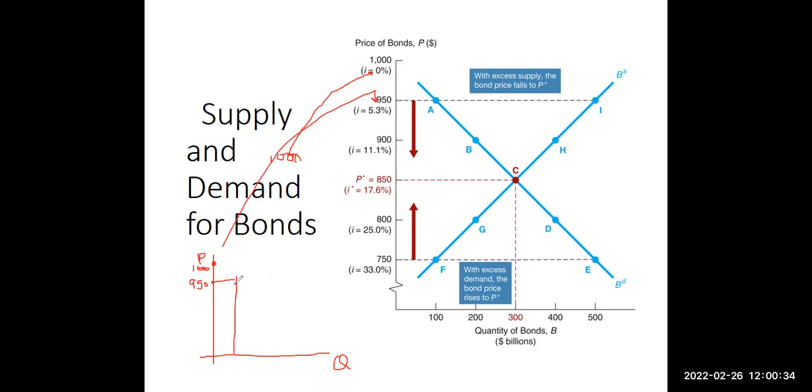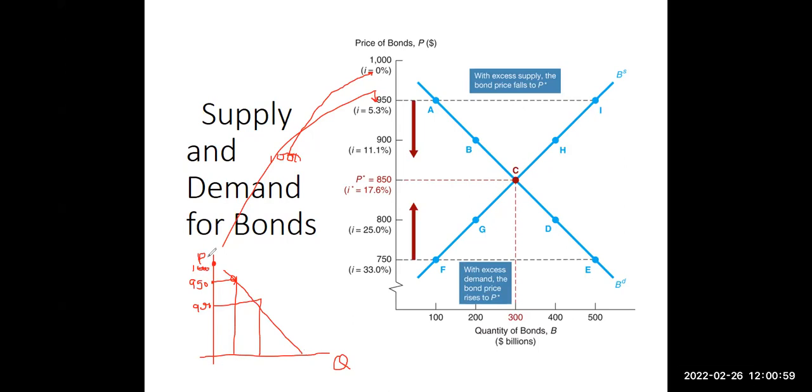This is the point that you get. If the price further falls to 900, there will be more people interested in this bond and the quantity will increase. If the price goes down to 800, 750, the more the price goes down, the higher is the demand. So this is the demand curve for the bond. I hope it makes sense.